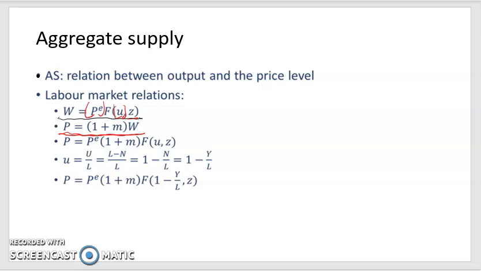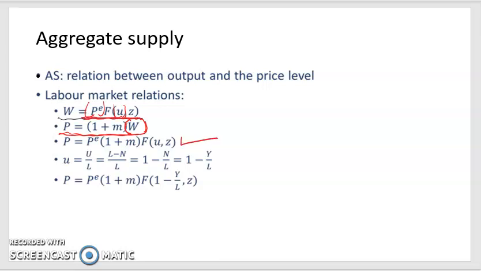First, from the price setting relation, let's eliminate the nominal wages by replacing them with the expression from the wage setting relation. If we do so, this is what we get.